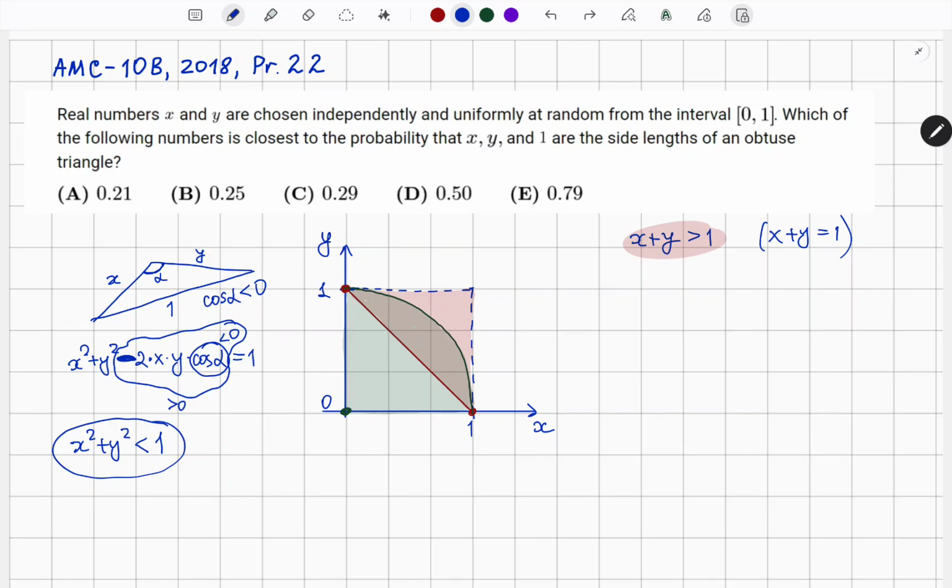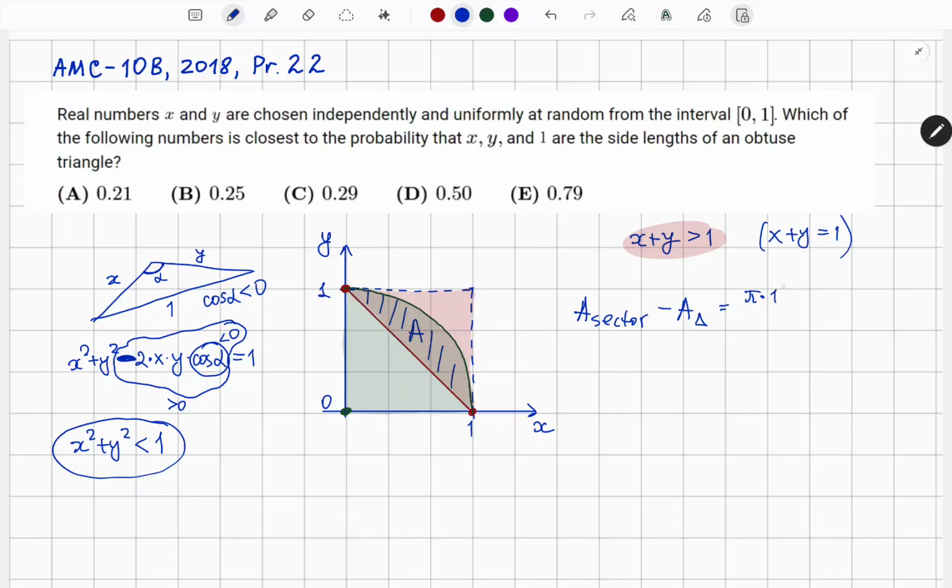So I have to find this area A and divide it by the whole area of the square, which is 1. Of course, it's a green sector: area of the sector minus area of the triangle. The area of the sector is pi r squared, and r is 1 for the circle.